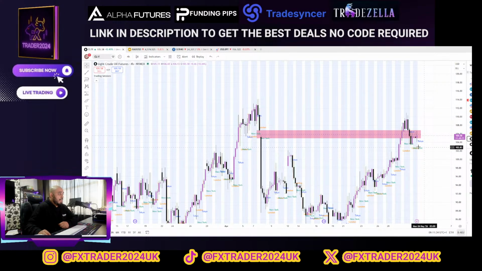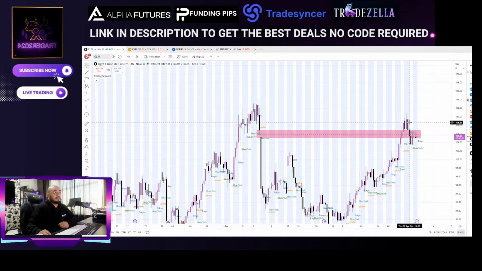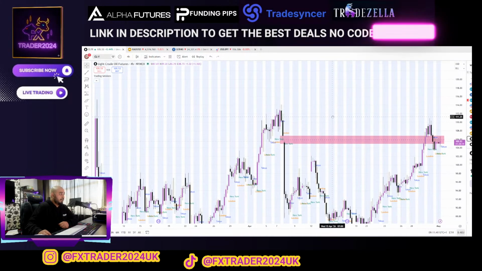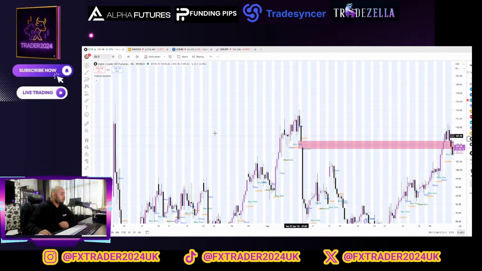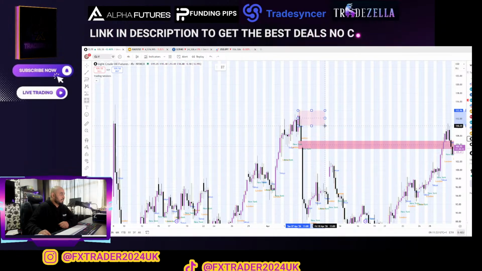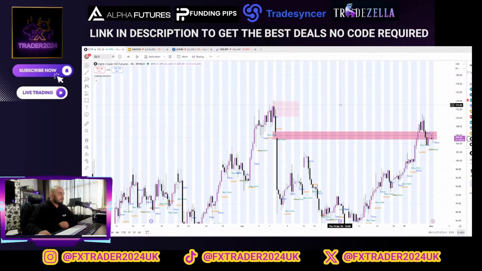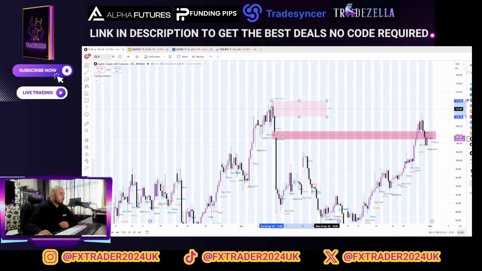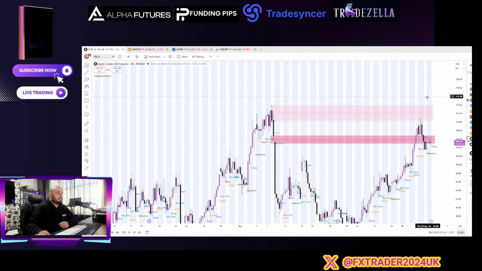Yep, it's gone past that gapped area, but it's reacted from there. It reacted to a supply zone that was on the 4 hour time frame.